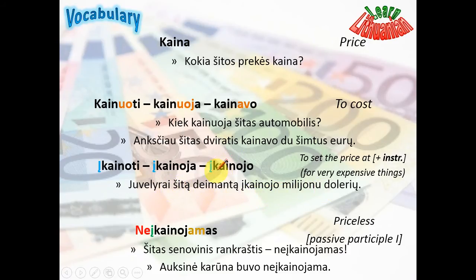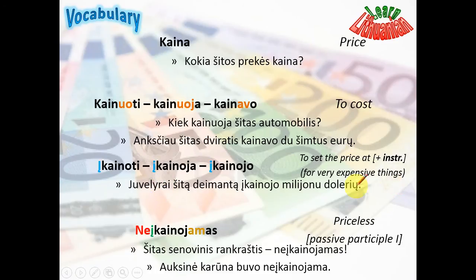The jewelers set the price of this diamond at $1 million, or the jewelers estimated the price of this diamond at $1 million. Milijonų, milijonas, milijonų. Milijonų is instrumental. But if you say like hundreds of euros or $1 million, you always use genitive for the currency, for the noun that denotes currency.